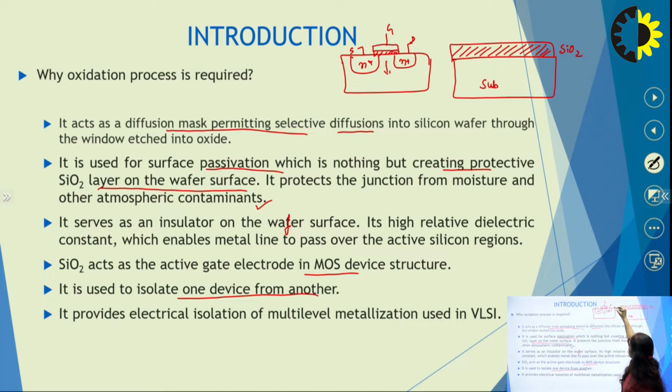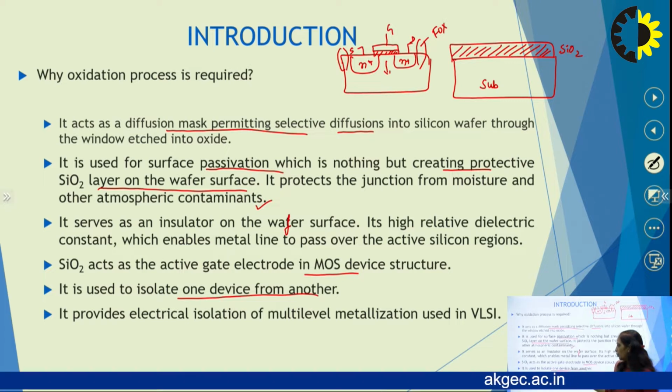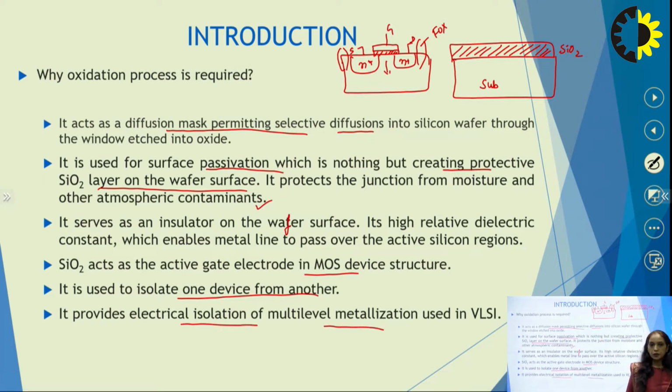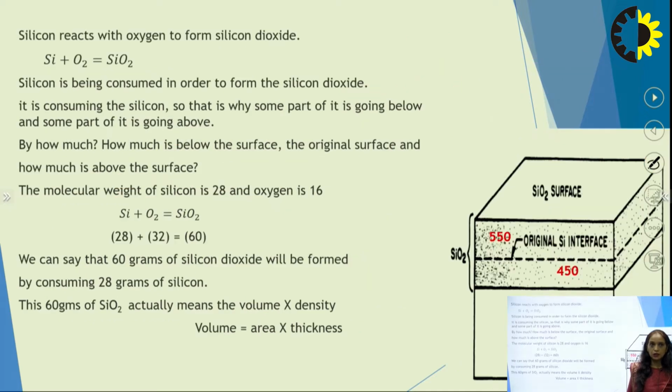For example, this is one MOSFET. After that we will grow the oxide layer known as field oxide, which is used to protect one MOSFET from another MOSFET, so that the characteristics of one MOSFET do not interfere with the characteristics of another. It provides the electrical isolation of the multi-level metallization used in VLSI technology.